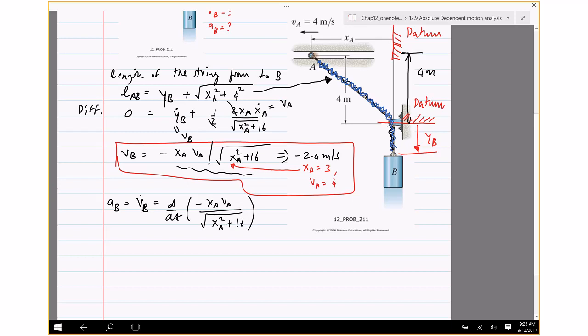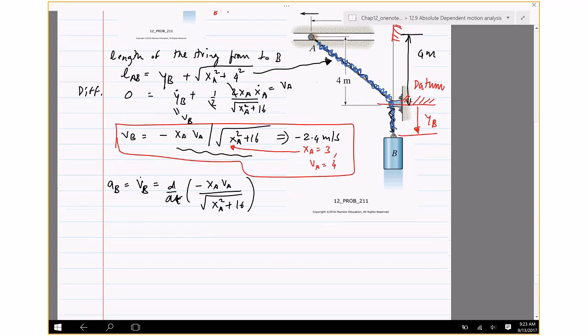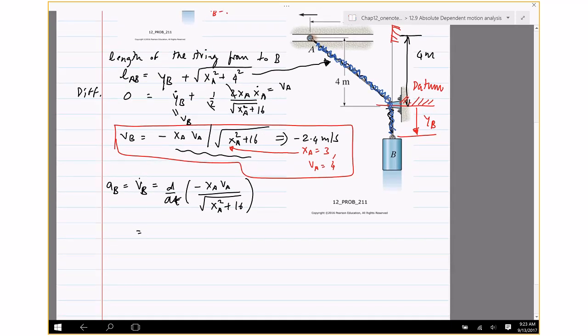Again you have to use the product rule, which says you first take the derivative of, I'm going to move this negative outside, XA, so that's going to be XA dot, keeping everything else as it is.